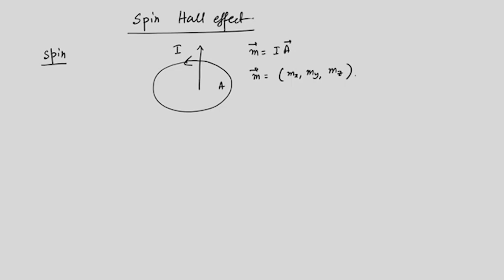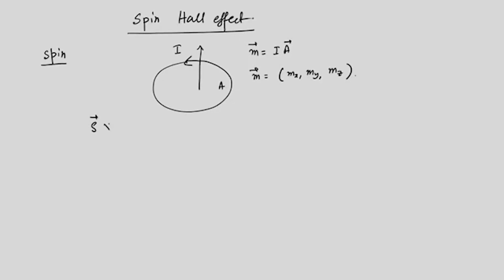Now, these are just classical vectors with no constraint on these components or the measurement of these components, but we know that spin in quantum mechanics follows commutation relations. The components follow commutation relations which can be combined into this relation. So, this is the commutation relation of spins.